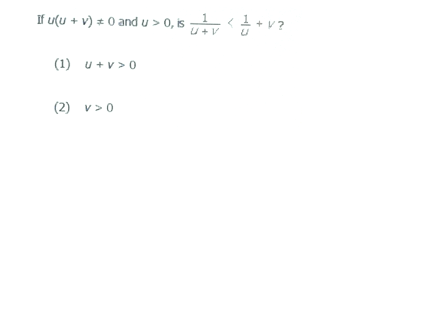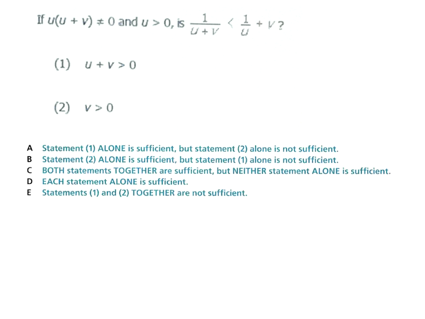But provided you understand what sufficient and not sufficient mean, then you can understand these. All right, there are the choices. Go ahead and pick A, B, C, D, or E accordingly once those choices show up on your screen. Still a few of you guys.